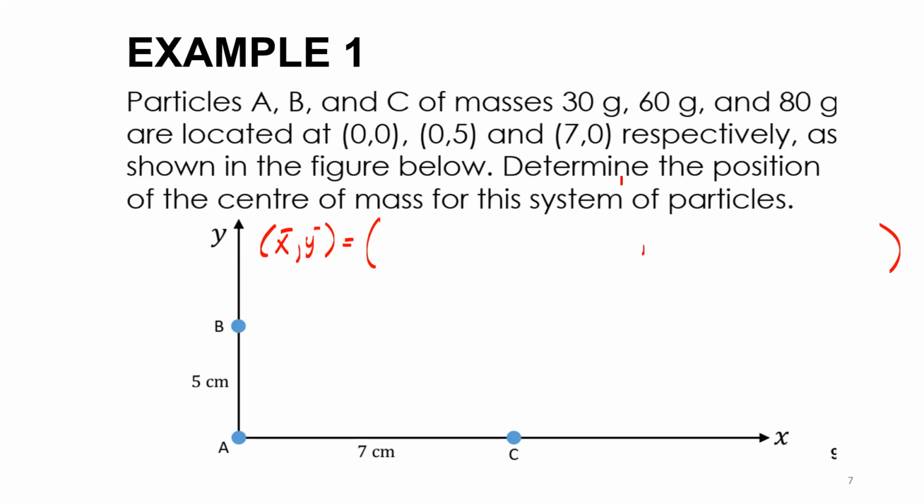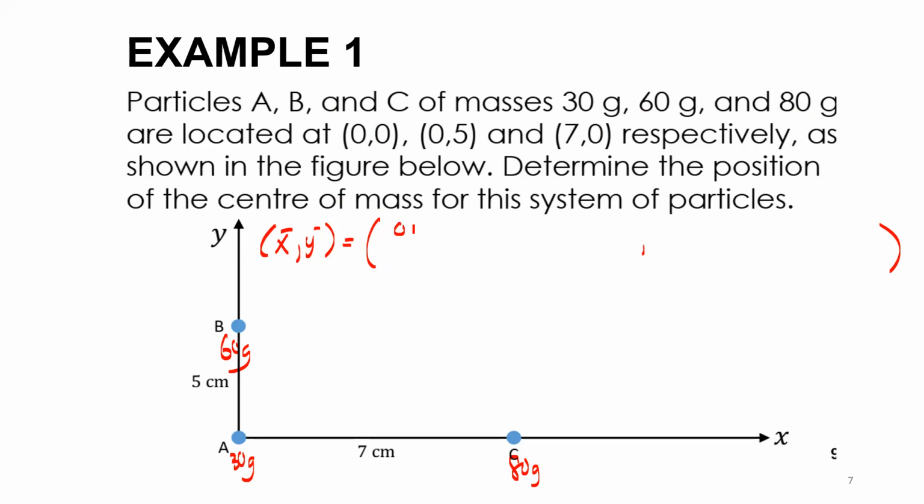So for x, you have 0 for a, for example. So here you have a, b, c. A is 30 gram, your b is 60 gram, and the c is 80 gram. So therefore, the distance here is basically 0, but the mass is 30 gram.